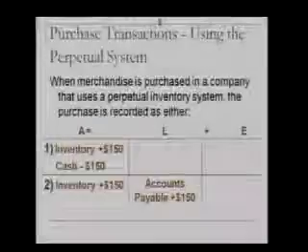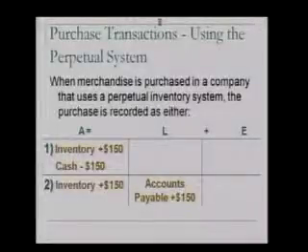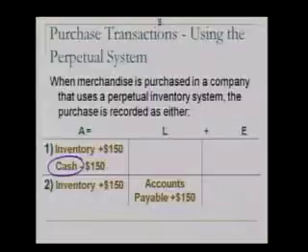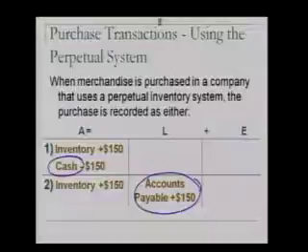So when merchandise is purchased in a company that uses a perpetual inventory system, the purchase can actually be recorded two ways. If it's paid in cash, we're going to decrease cash and increase inventory. If it's purchased on account, we see that word keep happening. It means cash hasn't exchanged hands, and accounts payable is actually going to go up.